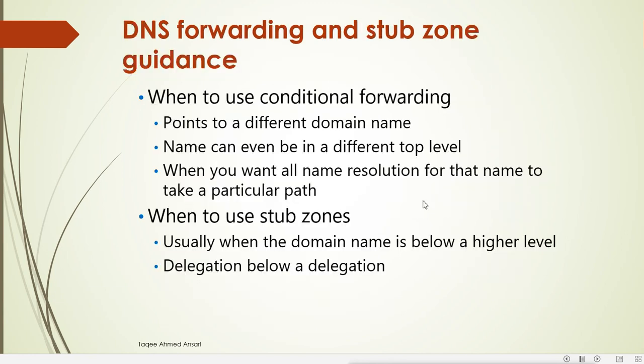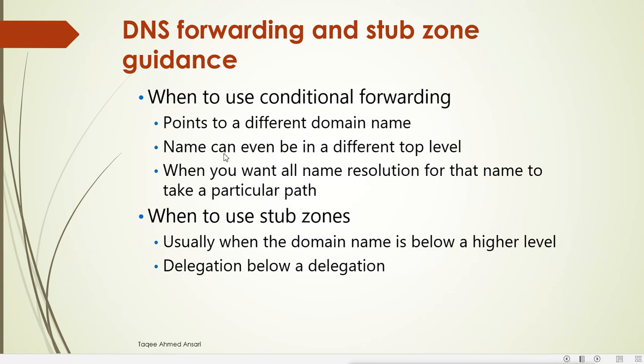Now we can create stub zones and forwarders, but we have to see what the guidance is on when to use conditional forwarding. First, use conditional forwarding when you want to point to a different domain name. If you want to point to a different domain name, then we can create the forwarders.